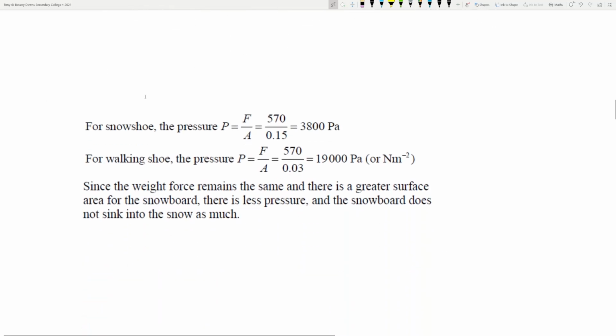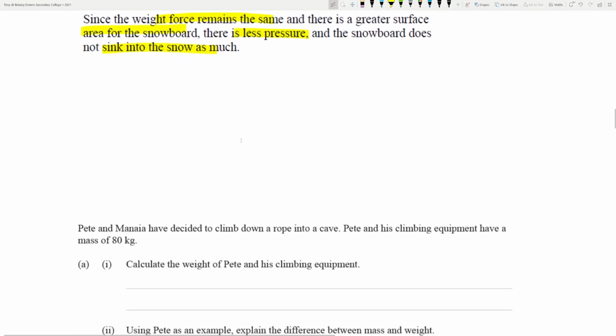Okay, so you can see here the weight is the same because it's the same person, but because the surface area is greater, there's less pressure, and you don't sink into the snow as much. Okay, so let's go on to the next question.